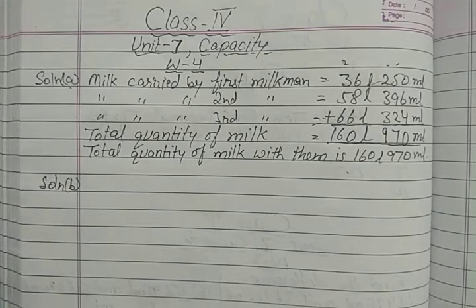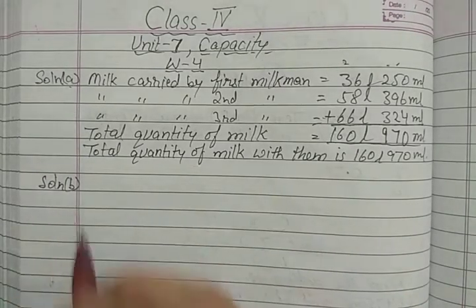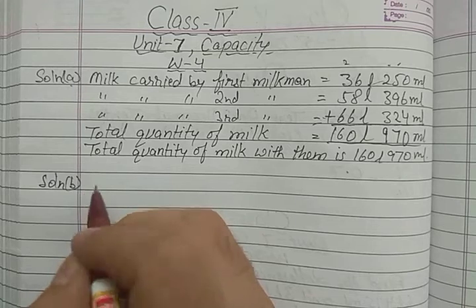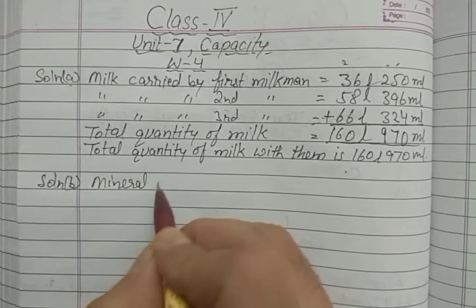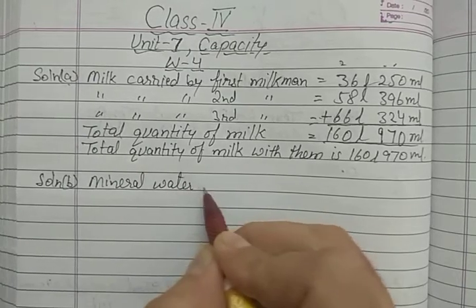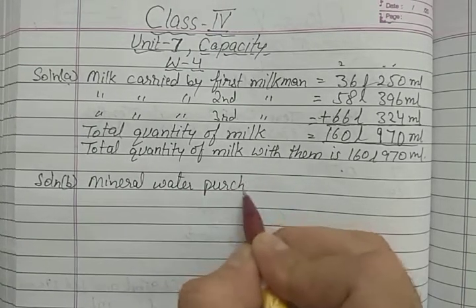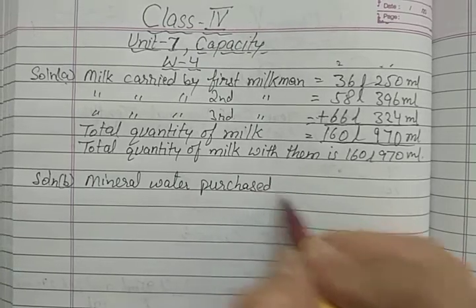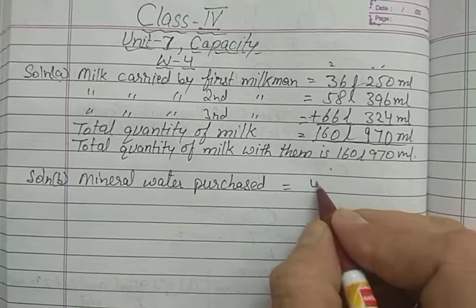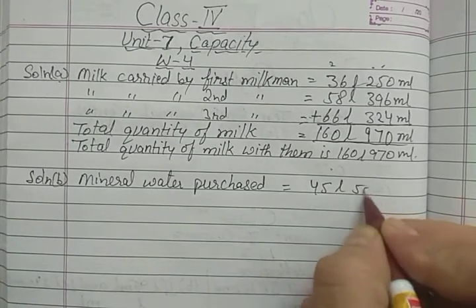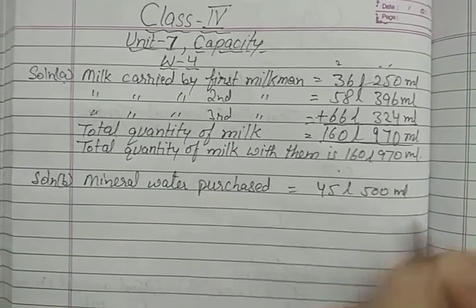Mineral water purchased, that is 45 liters and 500 milliliters.